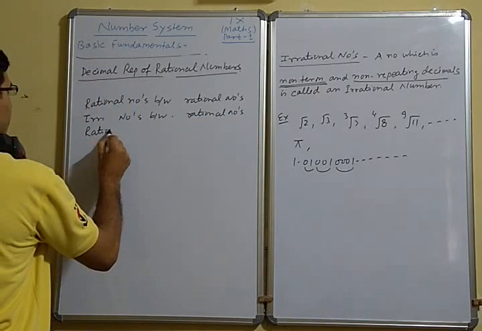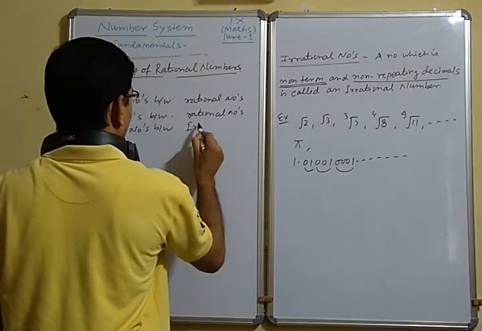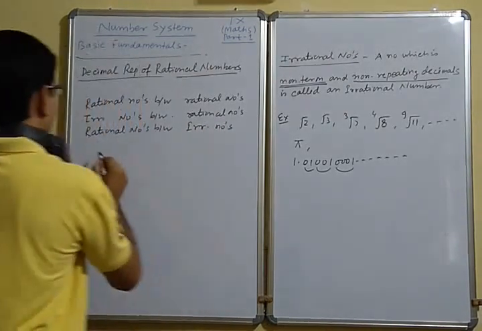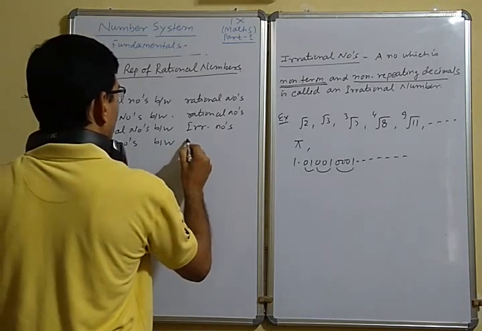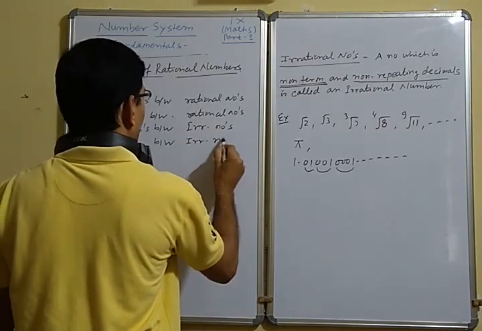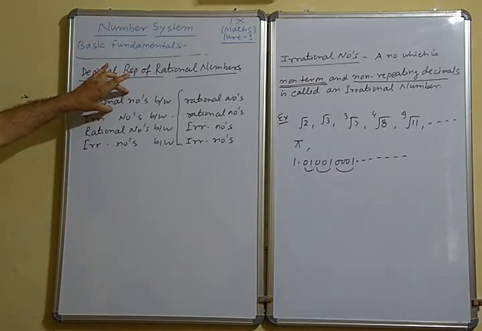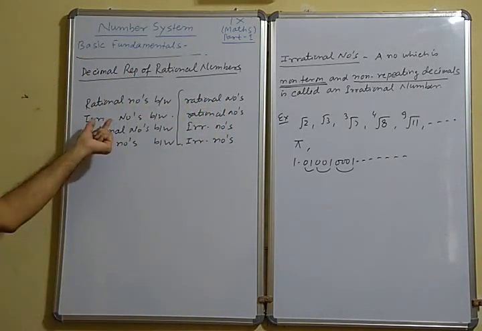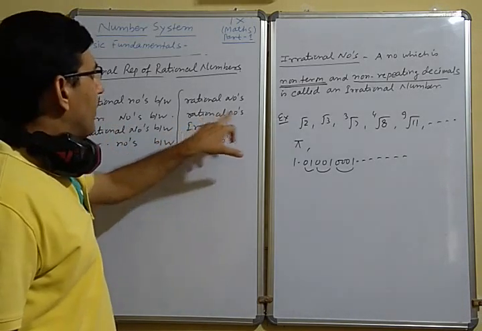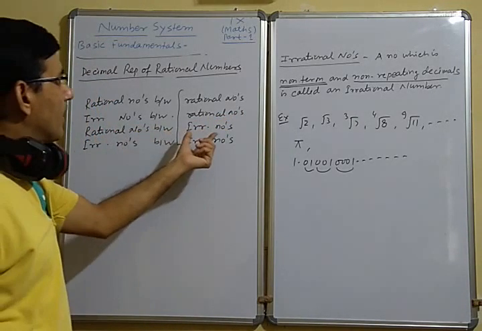Rational numbers between two given irrational numbers, and irrational numbers between two given irrational numbers.